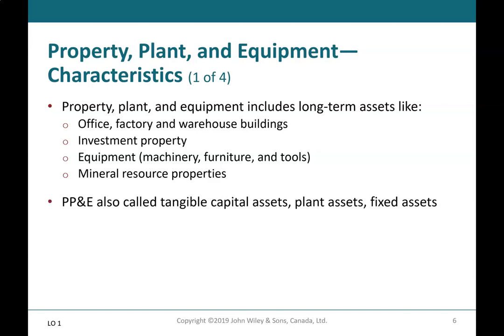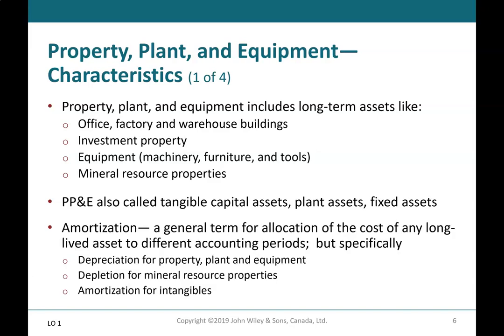PP&E is also called tangible capital assets, plant assets, or fixed assets. Amortization is a general term for allocation of the cost of any long-lived asset to different accounting periods, but specifically depreciation for property, plant, and equipment, depletion for mineral resource properties, and amortization for intangibles.